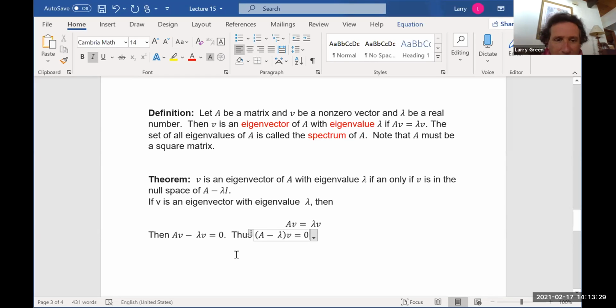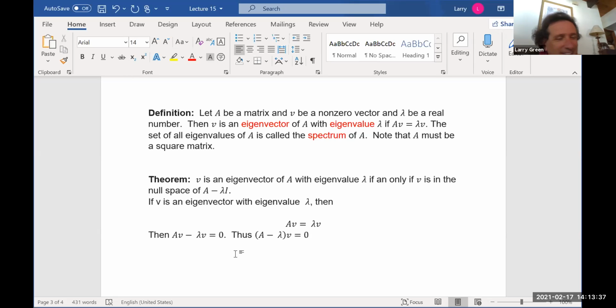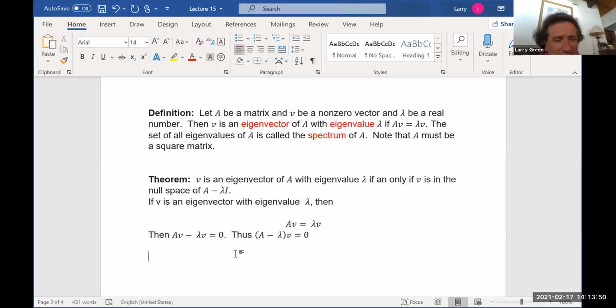Can I do that? Yes. One more guess. No. No, you can't do that. What's wrong with that? I mean, wouldn't that be considered dividing a vector? No, I didn't do any dividing.